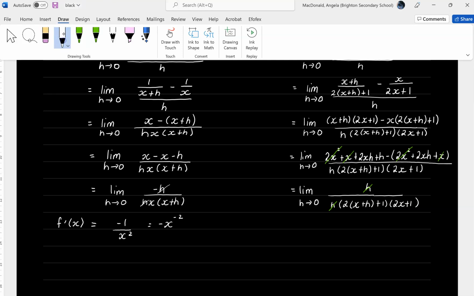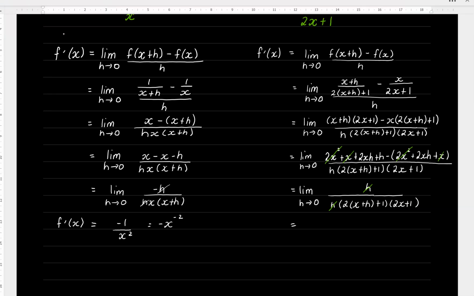Oops. And away we go. What we're left with, let's make h 0 now. So 1 is on the top line. Now when this h here is 0, I've got 2x plus 1 times another 2x plus 1. So isn't that nice? I've got 2x plus 1 all squared.